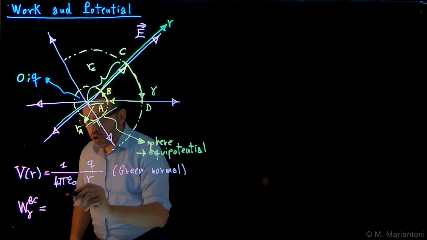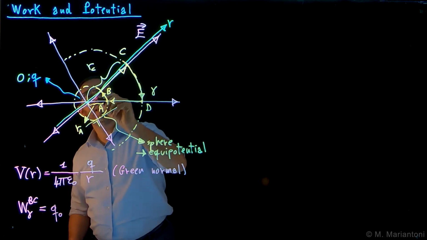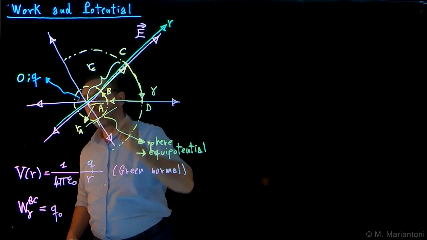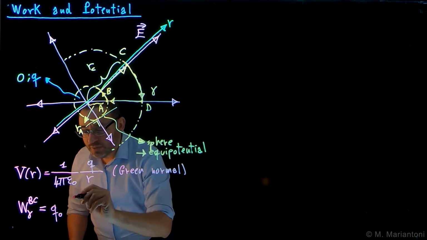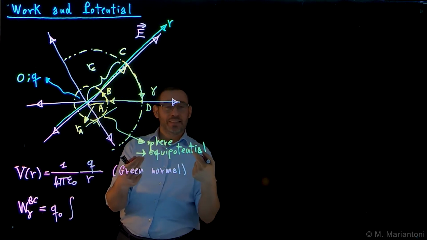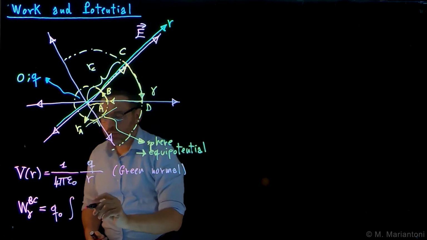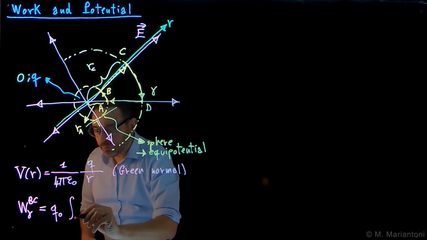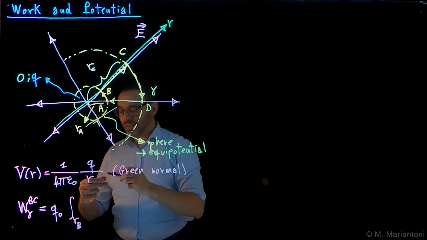This work we know is given by the value of the test charge Q0, which I place on this line and I move it, this charge Q0 times the line integral, let us specify this integral already with respect to this coordinate system OR, and so we go from RB, which actually happens to be the same as RA.